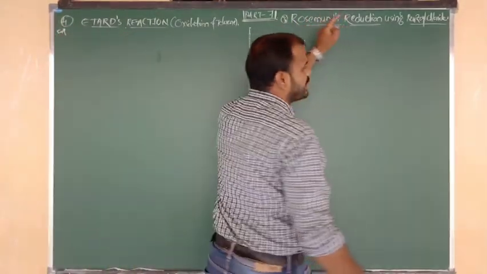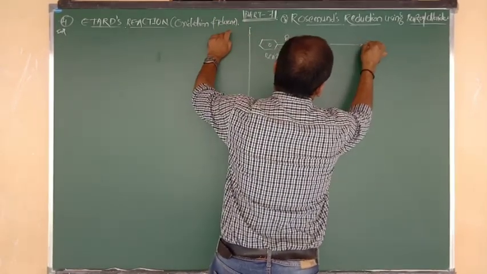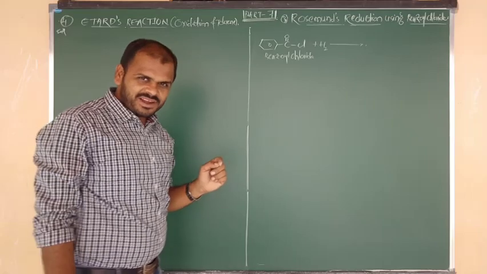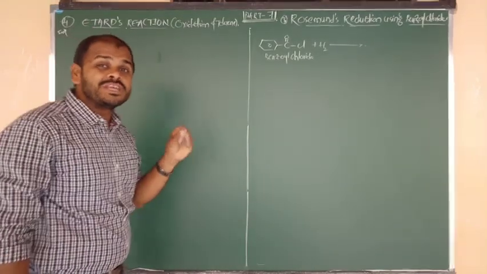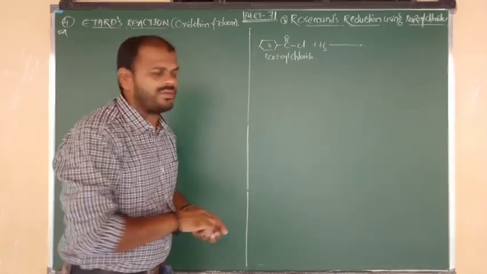It upon reduction, meaning addition of hydrogen, and we know very well Rosenmund's reduction takes place by using a suitable reducing agent, that is nothing but palladium plus barium sulfate.